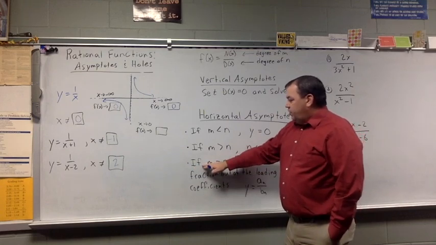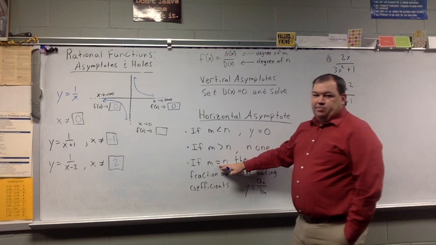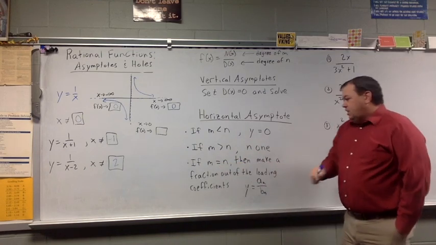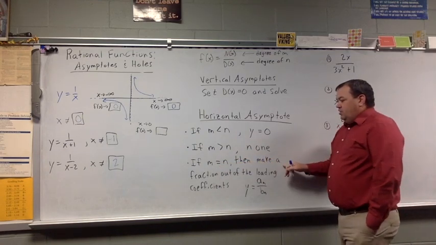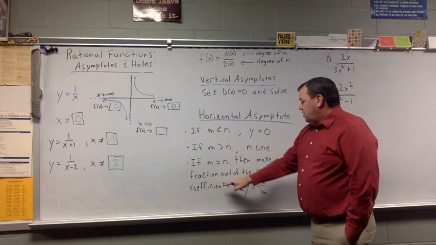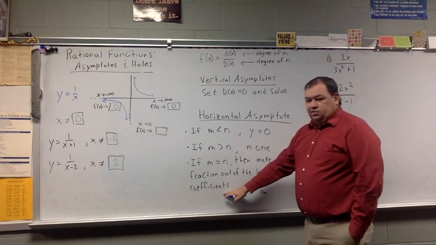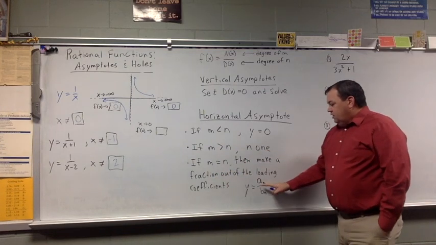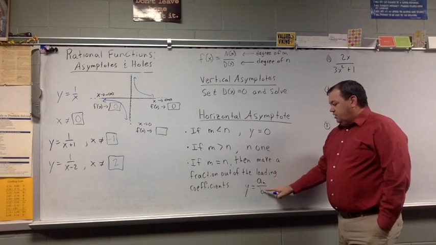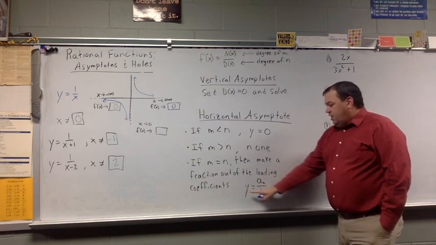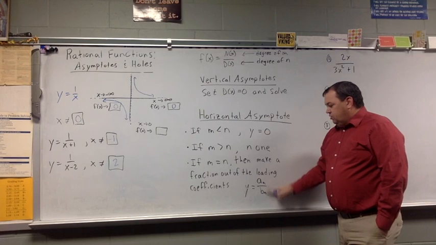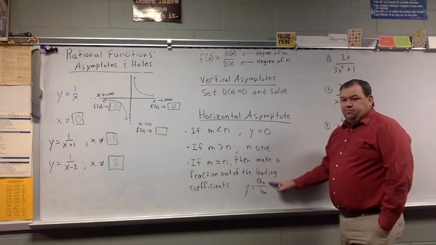Let's say I have a quadratic on the top and a quadratic on the bottom. If I run into that situation, then I need to make a fraction out of the leading coefficients. So whatever that leading coefficient is in the top and the leading coefficient on the bottom, I go y equals, and I put those numbers into a fraction.